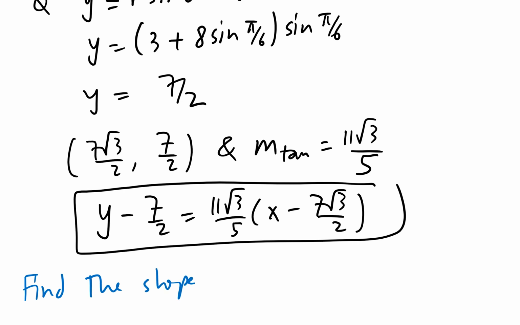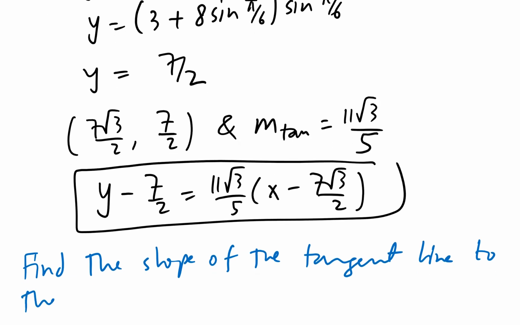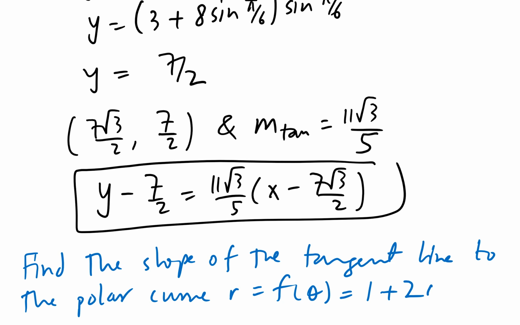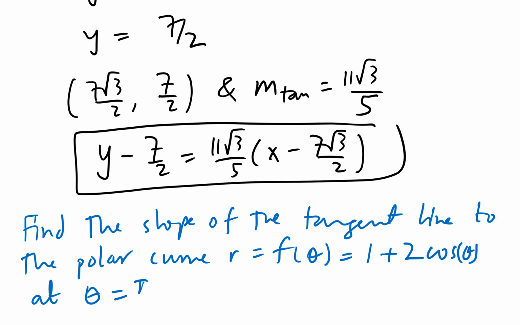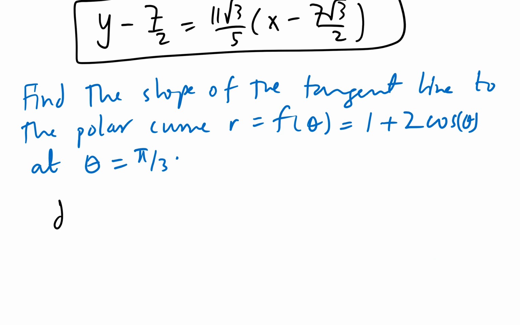Find the slope of the tangent line to the polar curve r equals f of theta equals 1 plus 2 cosine theta at theta equals pi over 3. So again, to find dy/dx, it's the formula I gave you.